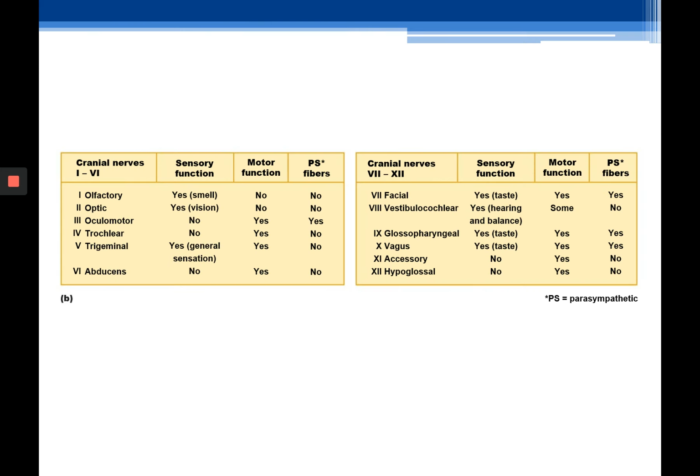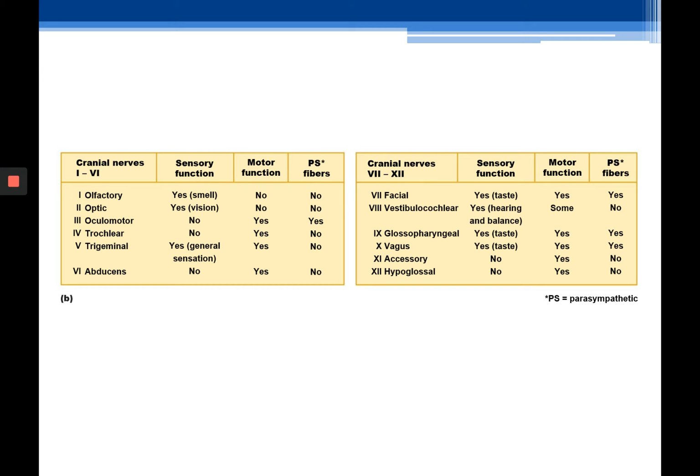I highly recommend charts like this, where you have a list of both the Roman numeral and the name for the cranial nerves 1 through 12. You have information on whether or not different ones are sensory or motor, and whether or not they are part of the parasympathetic nervous system and thus contain those fibers.